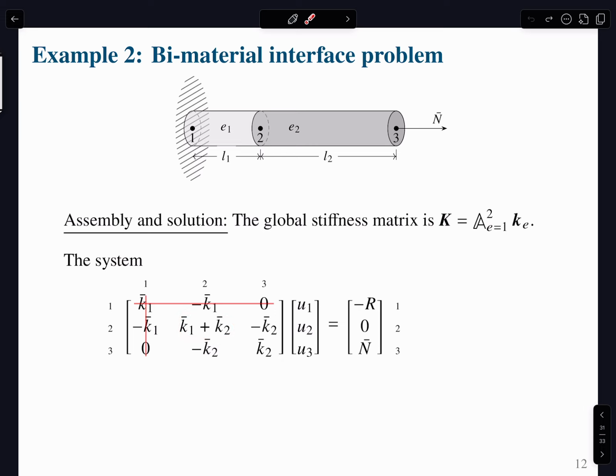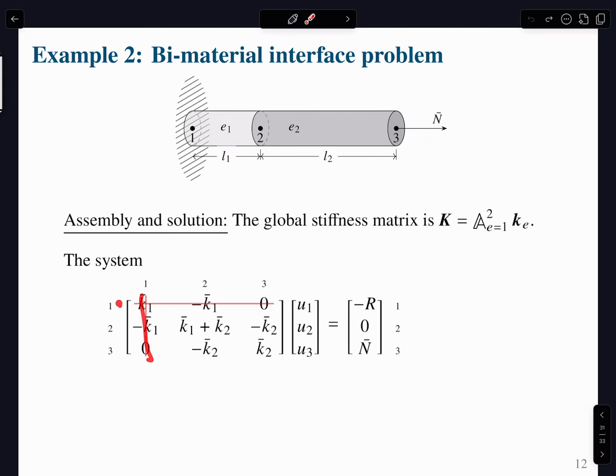Okay? This is my entire system of equations, the global system, again, after assembly, where you see in the upper left portion of the matrix, everything that is contributed by the first element. You see in the lower right component of that matrix, everything that is contributed from the right element. Here I put the reaction force, which is actually not relevant anymore because, again, I'm going to remove that.